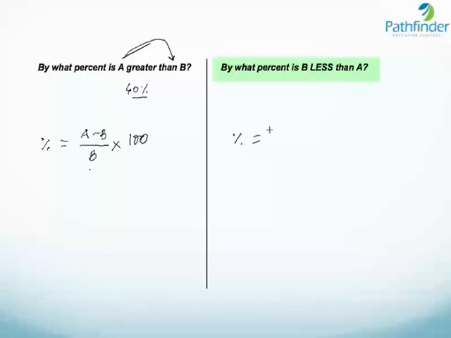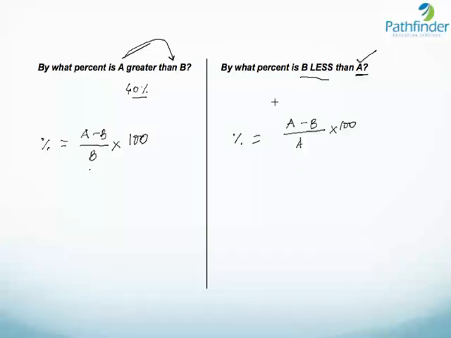Now look at this statement. By what percent is B less than A? Now we are making a comparison with the quantity A. So technically speaking, the numerator will not change. It has to be the difference between A and B, but the denominator will now become A. So (A minus B) upon A into 100.